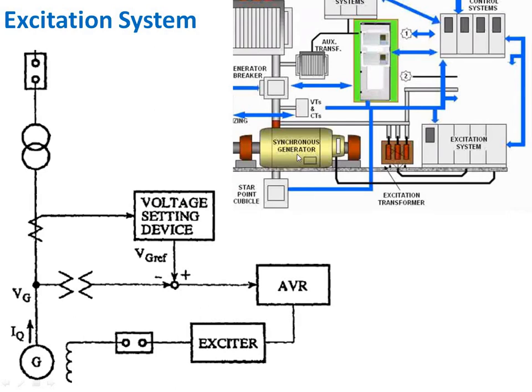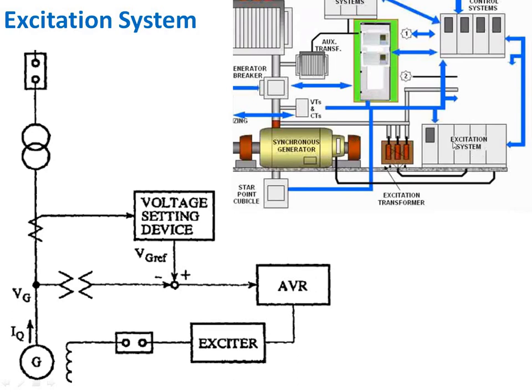The synchronous generator will generate the output, and from this output terminal, through the excitation transformer, it is given to the excitation system, and this excitation system will convert this three-phase AC supply into the DC supply, which is fed to the field winding of the generator.